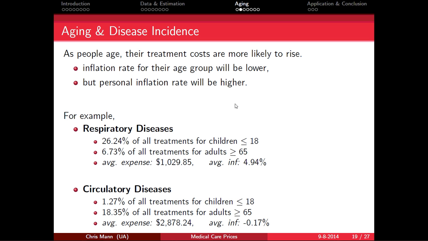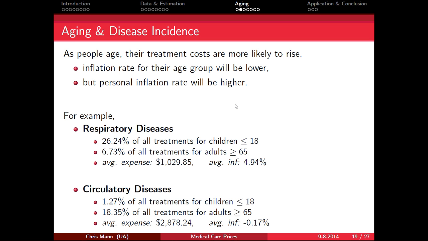But at the same time, the inflation rate for that 10-year-old kid is going to have another compounding effect, and that's because that 10-year-old kid is getting older. So next year, he'll be 11, the year after that, he'll be 12. And what that means is that the types of things he's going to be going to the doctor for are going to be different.